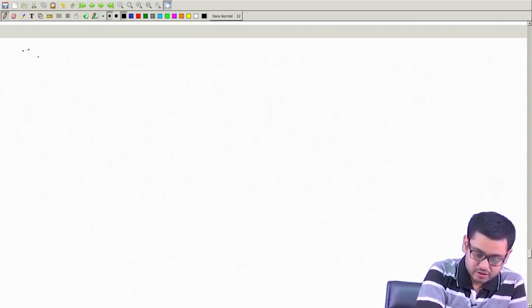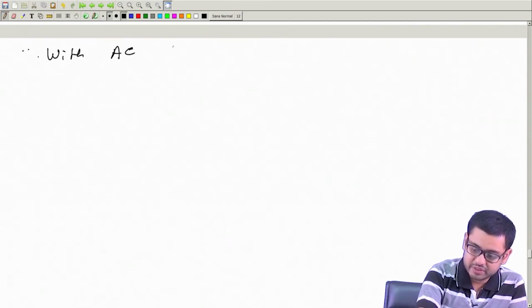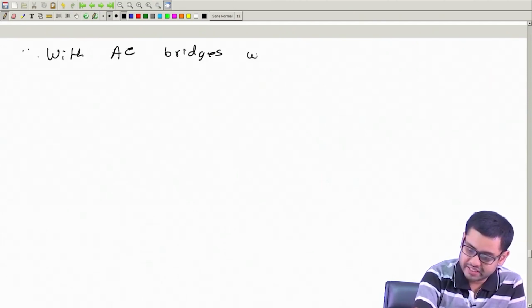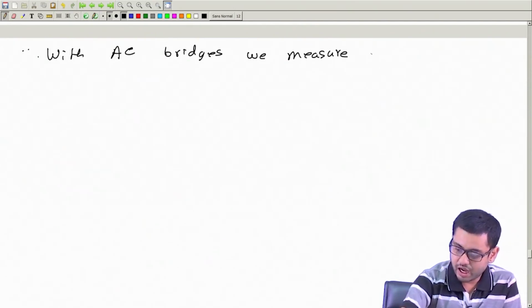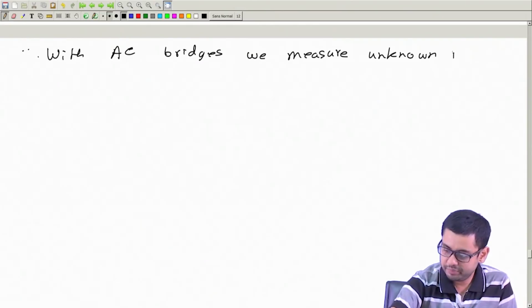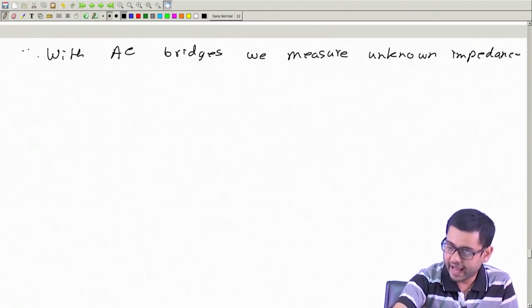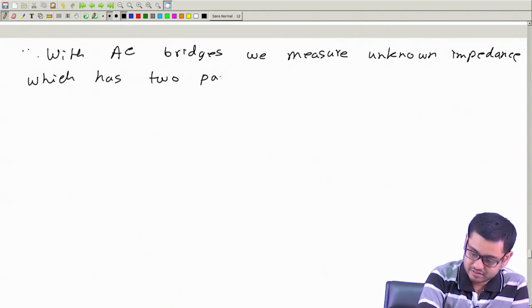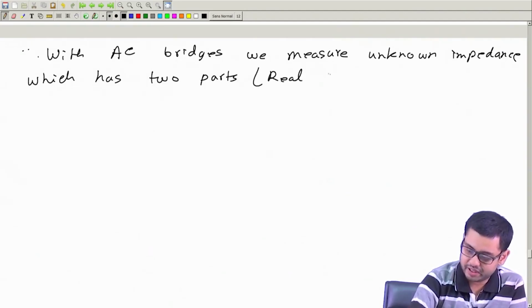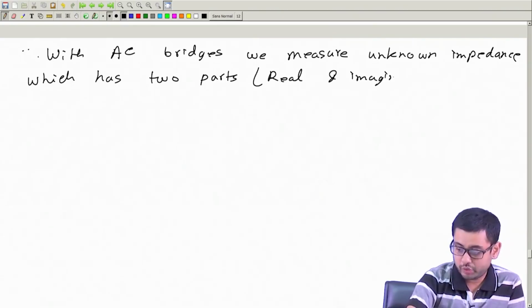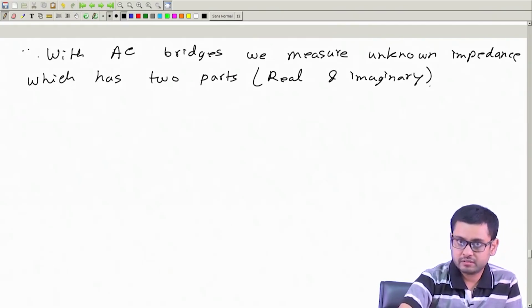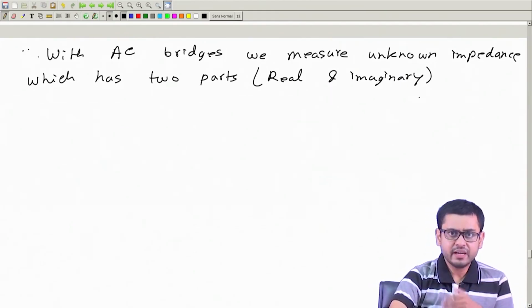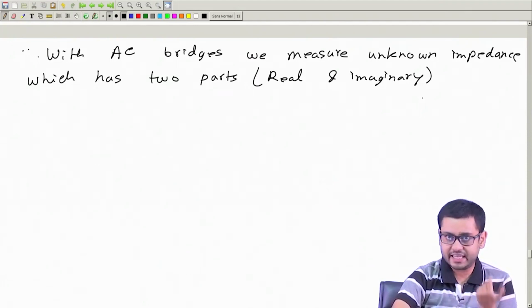So, with AC bridges, we measure an unknown impedance which has two parts, like the real part and imaginary part, or you can think of resistance and inductance, capacitance and resistance.